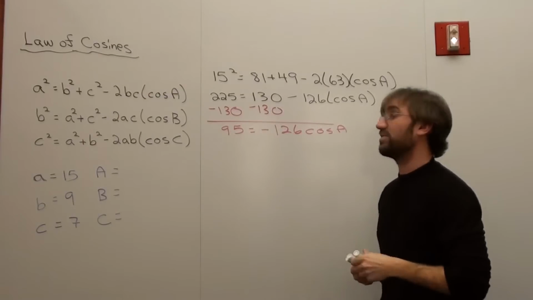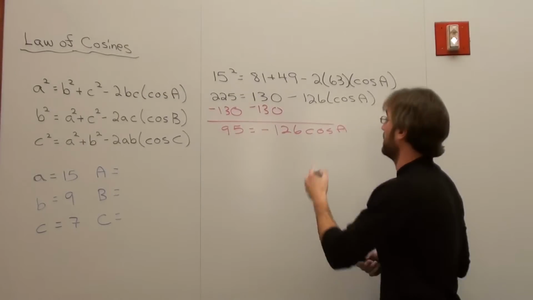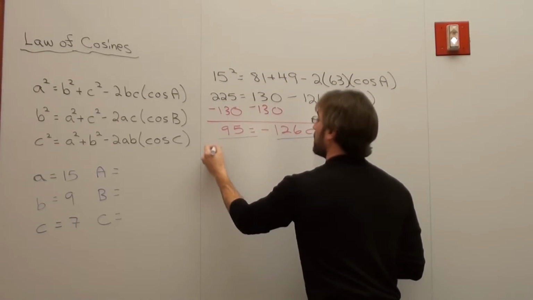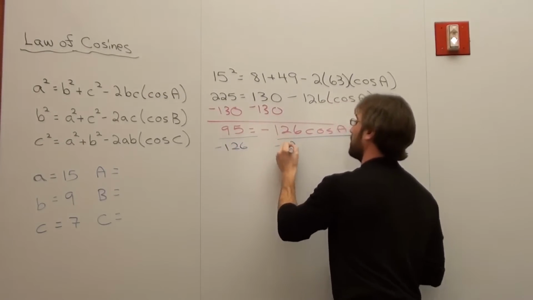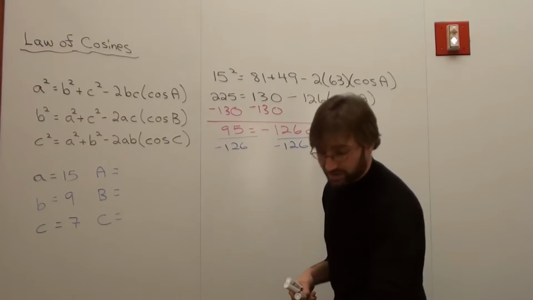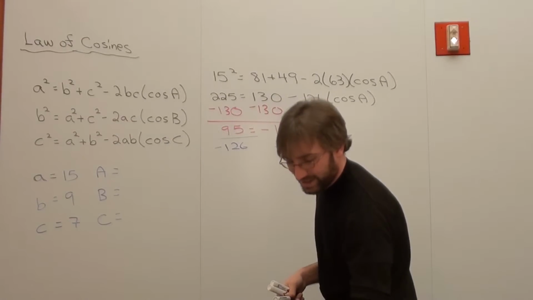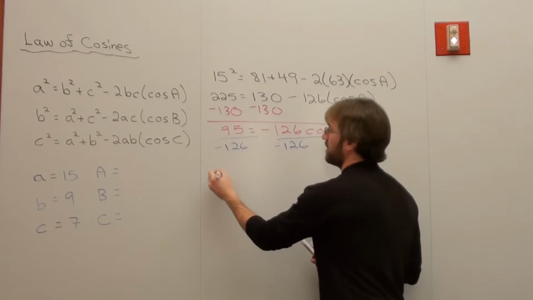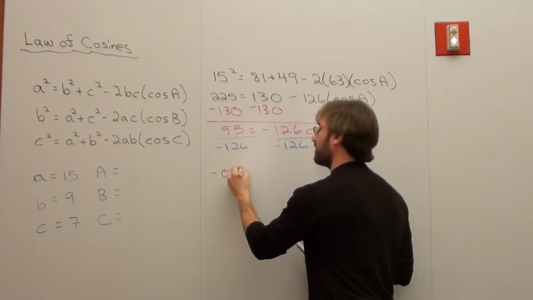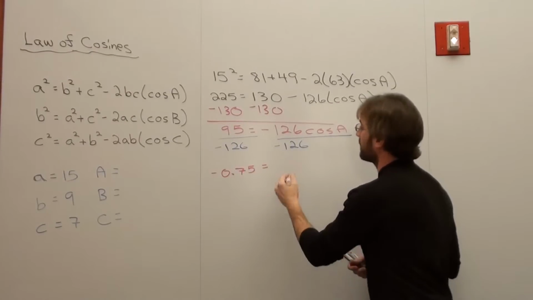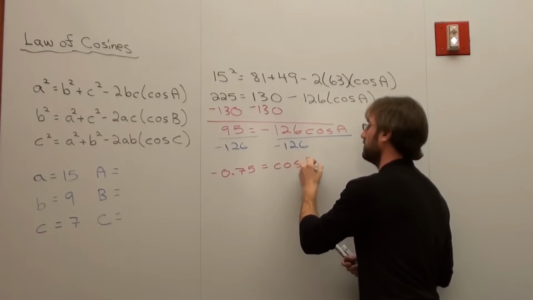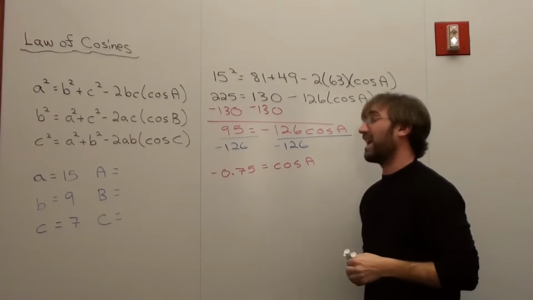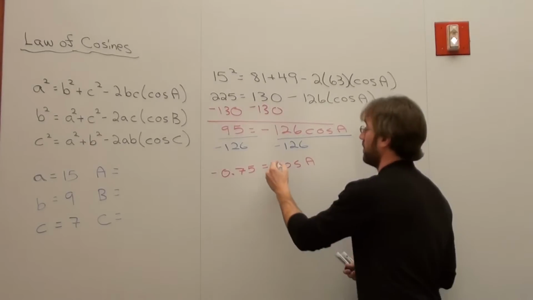What I'm going to do next is divide by negative 126 on both sides. So 95 divided by negative 126 comes out to negative 0.75, if I round it. So negative 0.75 equals cosine of A. If I want to figure out A, I've got to take the inverse on both sides.